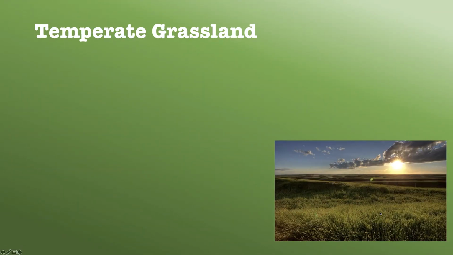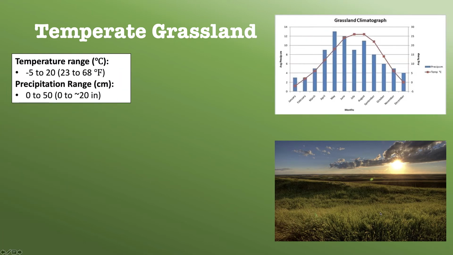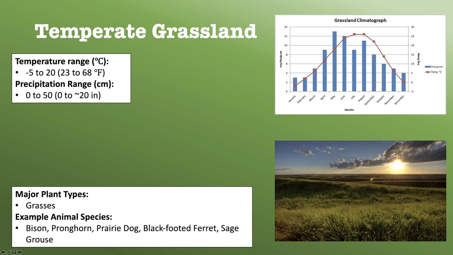Temperate grasslands, the Great Plains, Manifest Destiny, and everything like that. We're looking at pretty cold, cool, and very little rainfall, between -5 and 20 degrees Celsius, 0 to 50 centimeters of rain, so it's pretty dry. The plants, though, are really well adapted for this. Mostly grasses, deep-rooted grasses for dealing with fire and also taking as much water from deep down as possible.